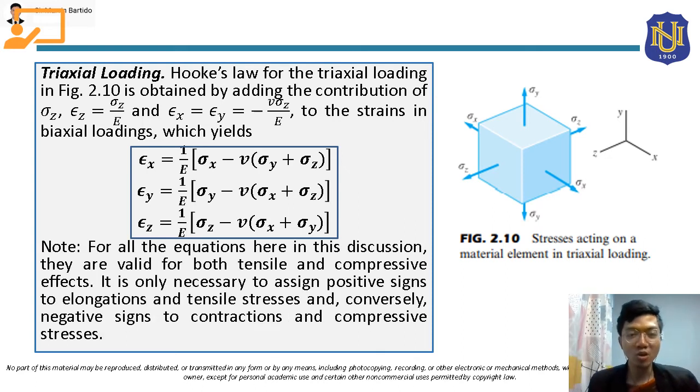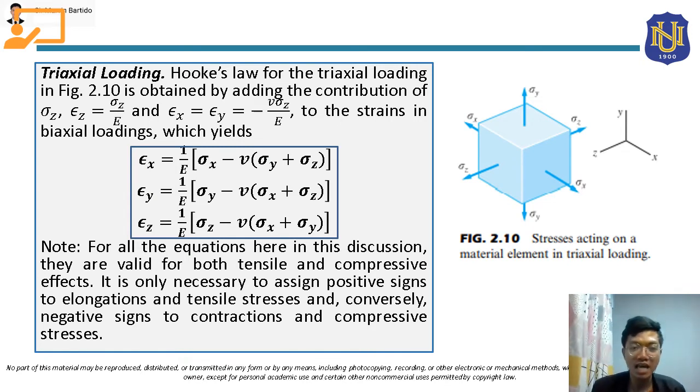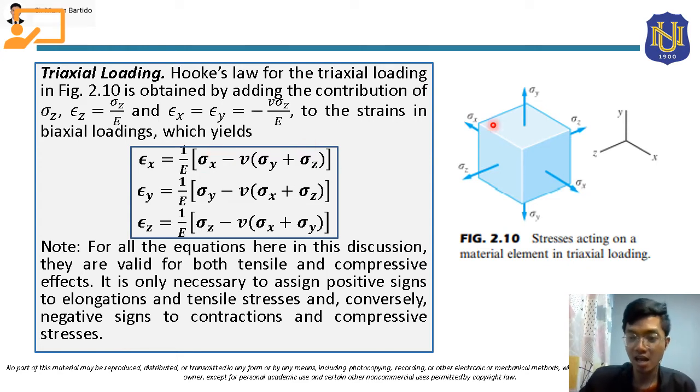Take note that all the equations here are valid for both tensile and compressive effects. It is only necessary to assign positive signs to elongations and tensile stresses, and conversely, negative signs to contractions and compressive stresses. So for sigma x, sigma y, sigma z, if the stresses here are in tension, the sign convention will be positive. If we substitute that value here, it will be positive if it's in tension.